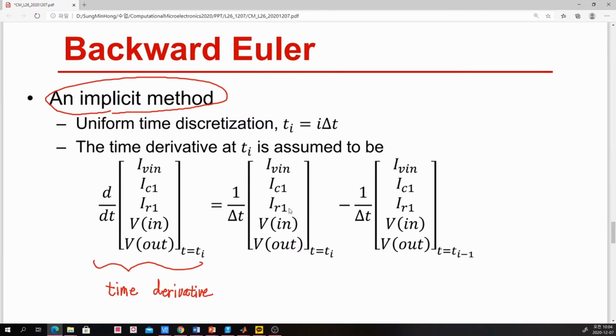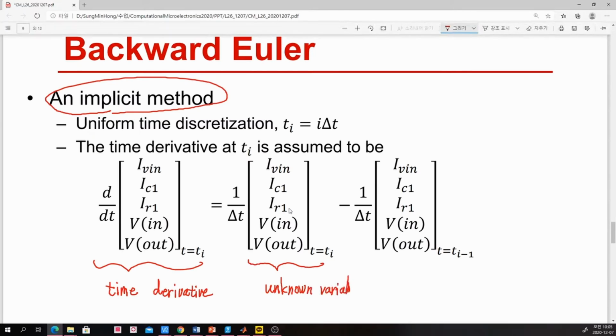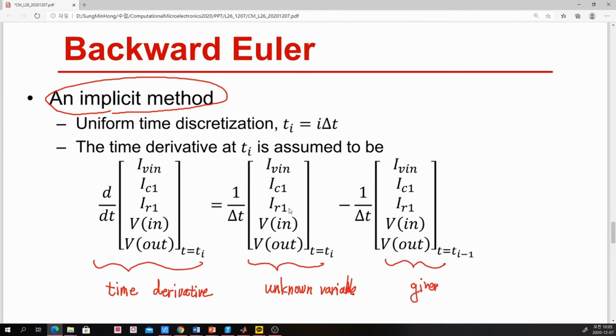That term is expressed as just our unknown variable and our given vector. That is the key point to express our time derivative term.